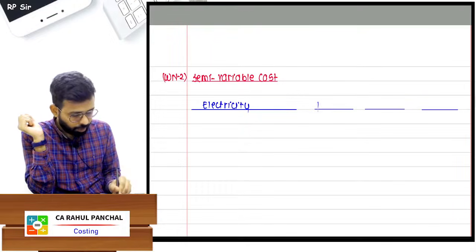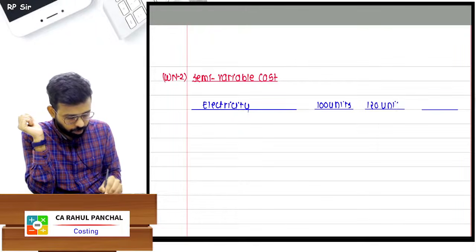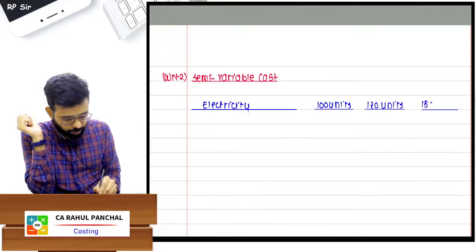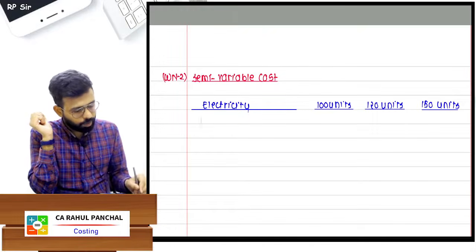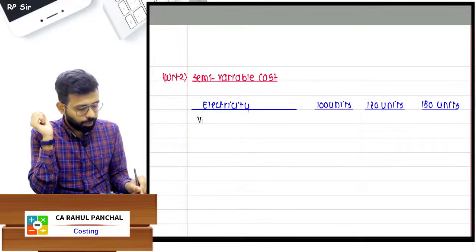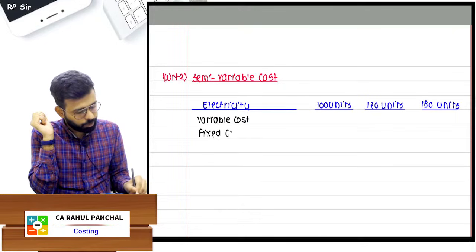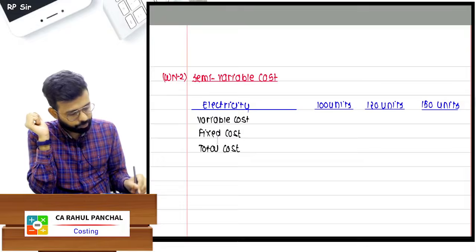The data given in the question is with reference to 100 units, 120 units. I need my cost for 150 units. Because it is semi-variable cost, partly it will be variable, so I will write variable cost, and partly it will be fixed, that is fixed cost. Then here you get your total semi-variable cost, that is total cost.